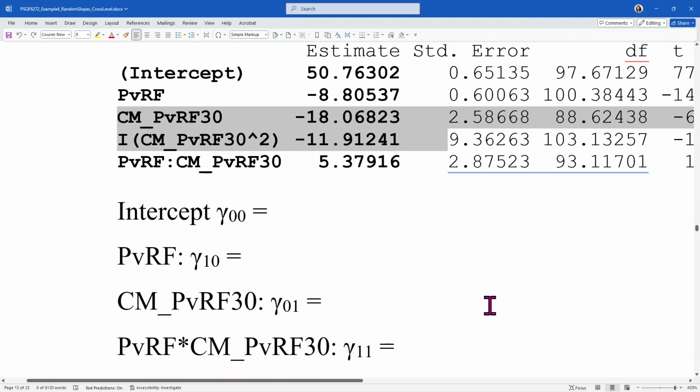Quadratics. Signs are the same. What's that tell us? Yeah, more downer. This is a negative slope that becomes more negative as you move up the variable. So the variable in question is cluster mean lunch composition.